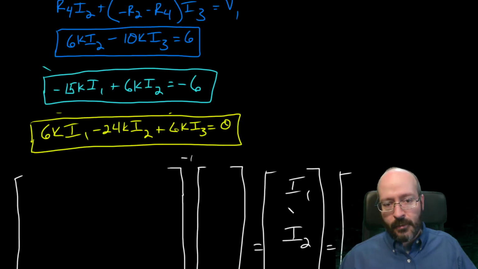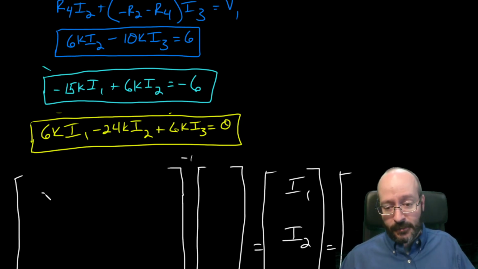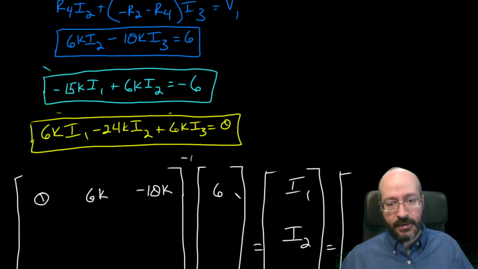Okay, so what's the coefficient of I1? There is no I1, and so the coefficient we enter is 0. Okay, coefficient of I2 is 6K. Coefficient of I3 is negative 10K. And we got 6 on the right-hand side.